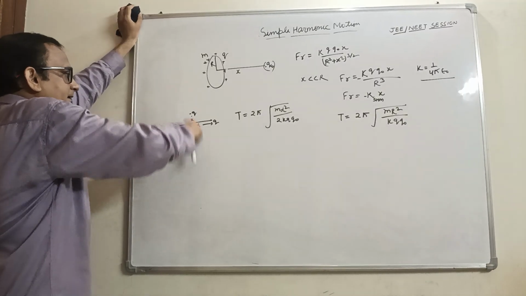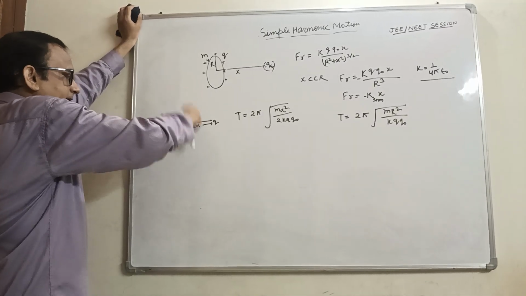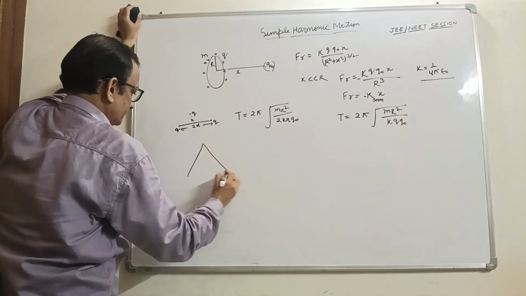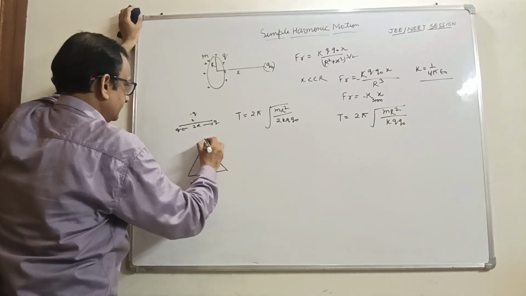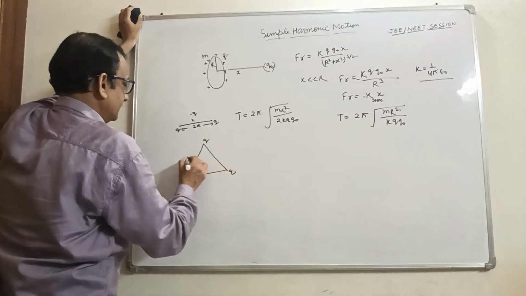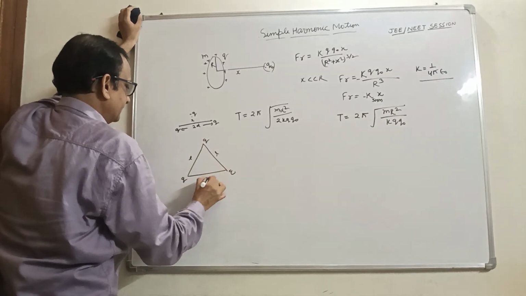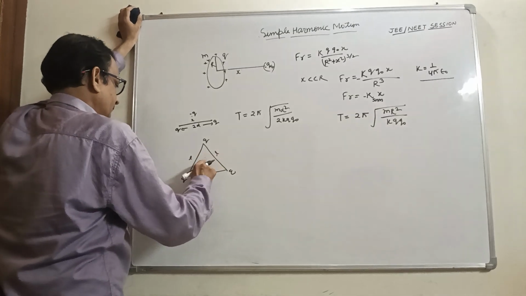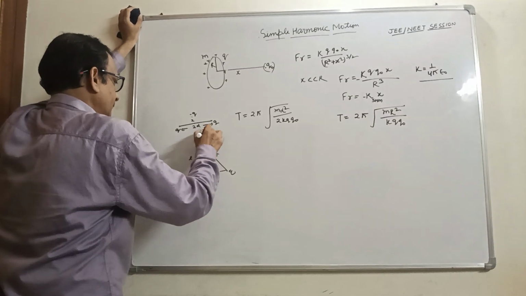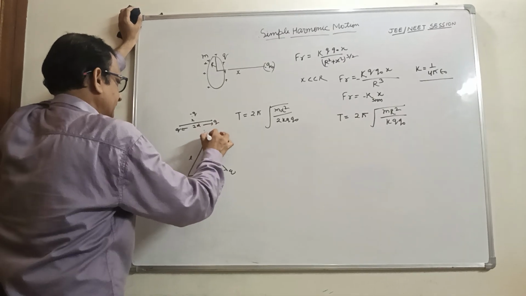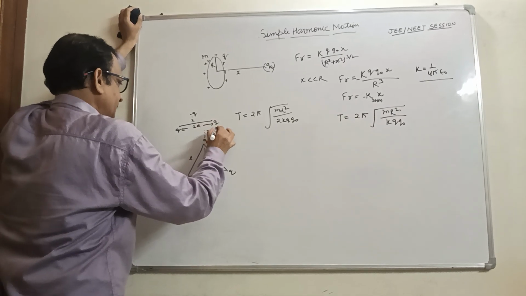This charge oscillates just like this. Given here: a plus q charge, plus q charge, plus q charge, forming an equilateral triangle. This length is L, this length is L. So from the centroid point, suppose this is x distance, a minus q charge is placed here.